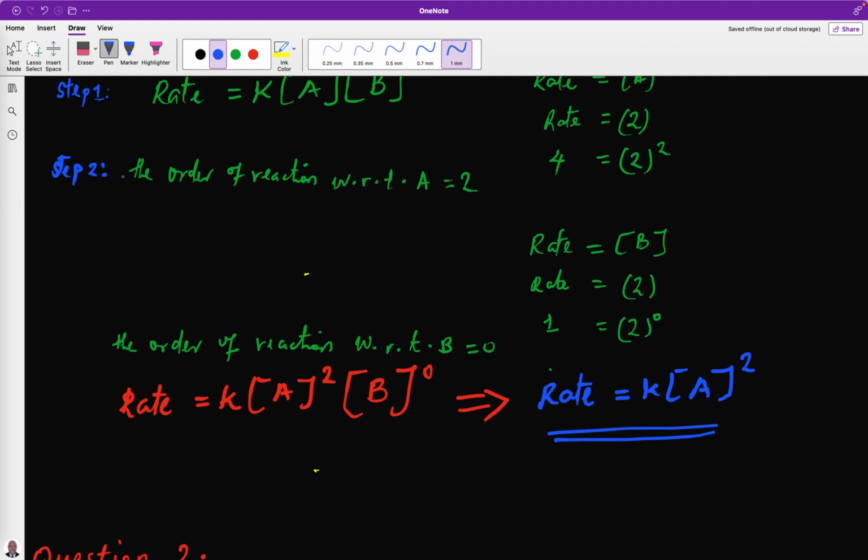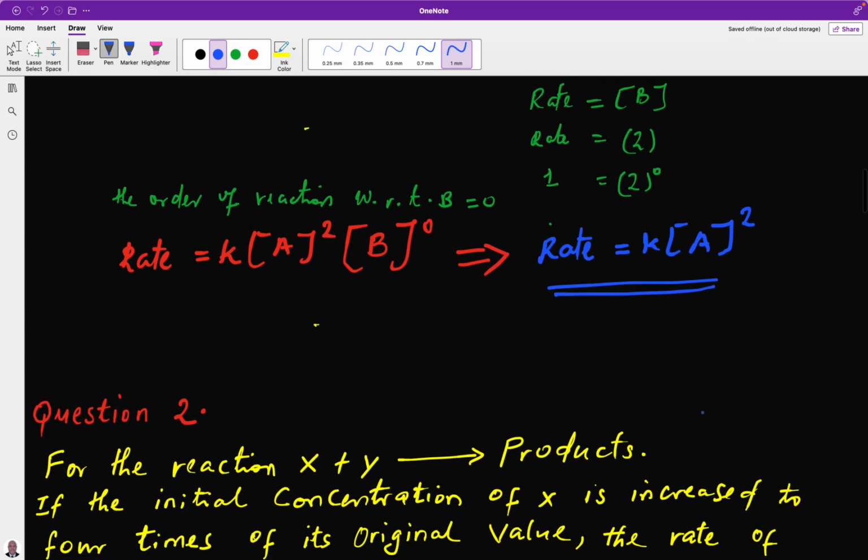So now you will see that the rate will be equal to K into the concentration of A raised to the power 2, because anything raised to the power 0 is 1, so B does not appear. That is the answer. Okay, we are done with question number 1. Let's go to question number 2.